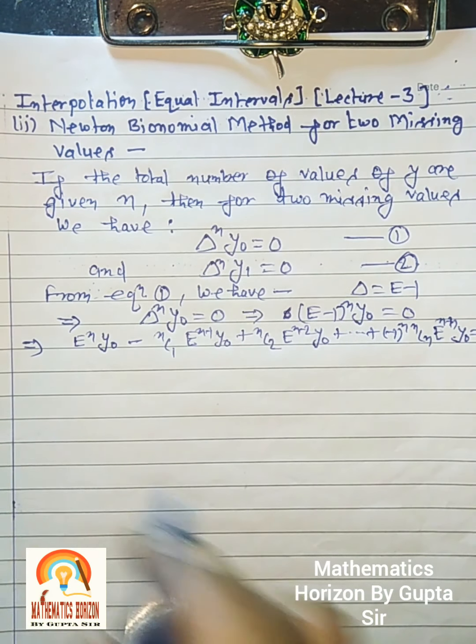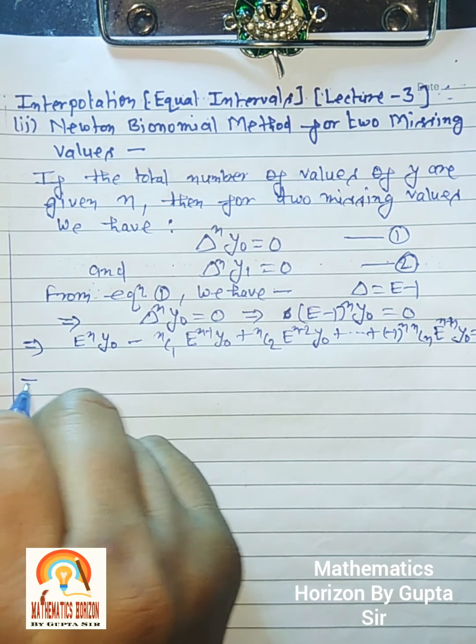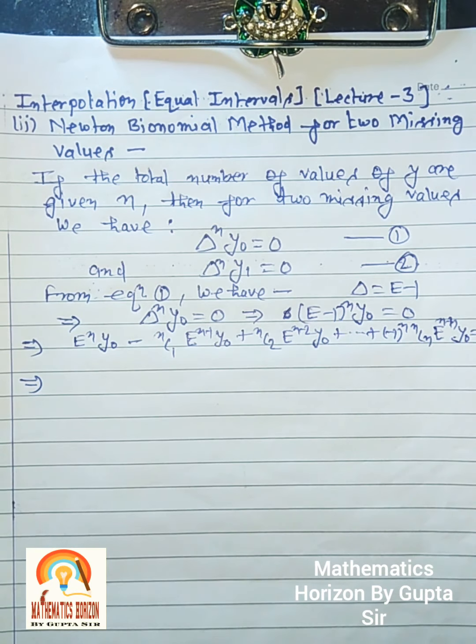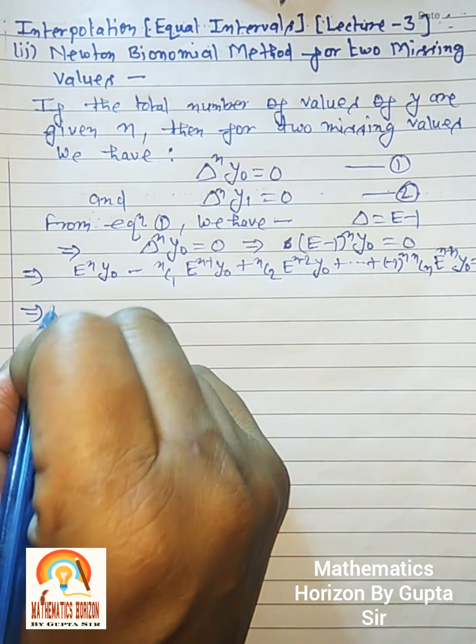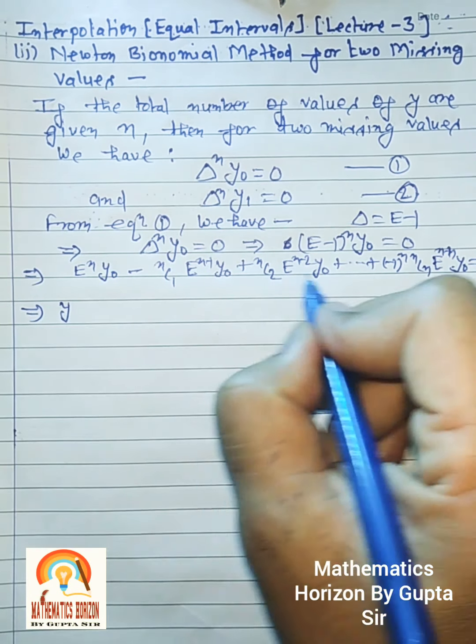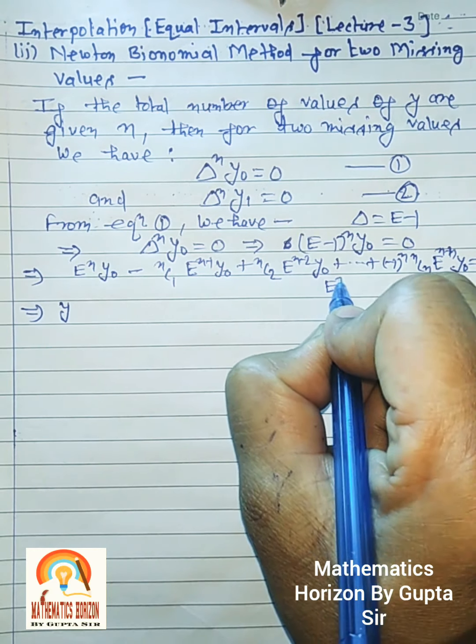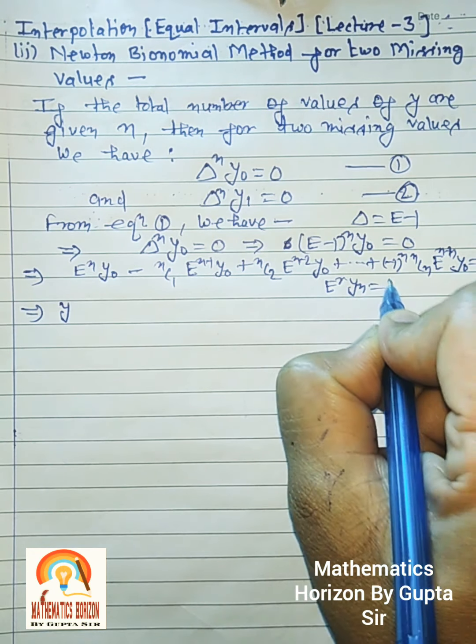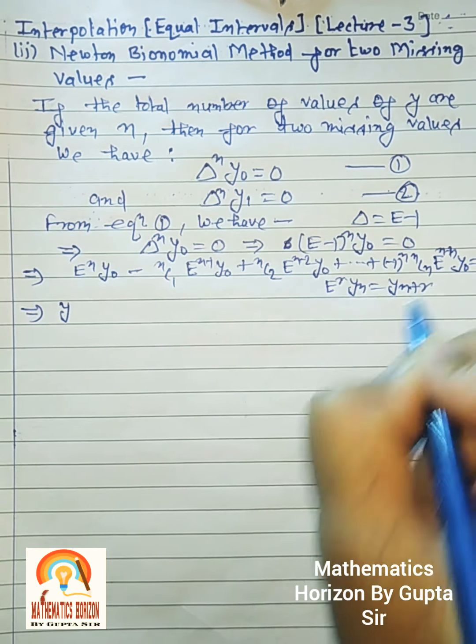Now we apply the shift operator, and we know that E to the power r yn is equal to y n plus r.